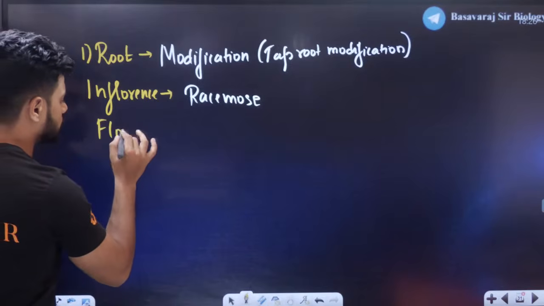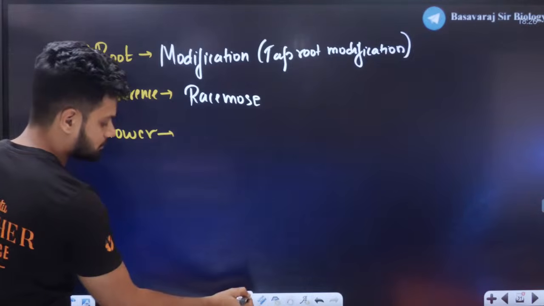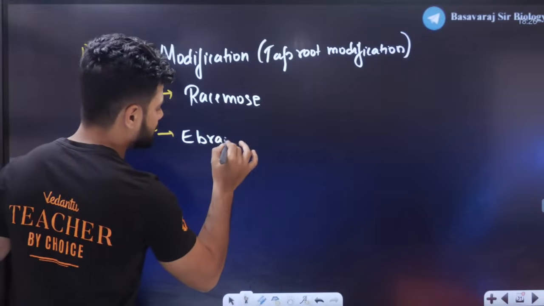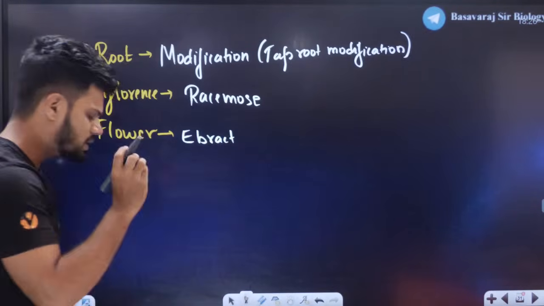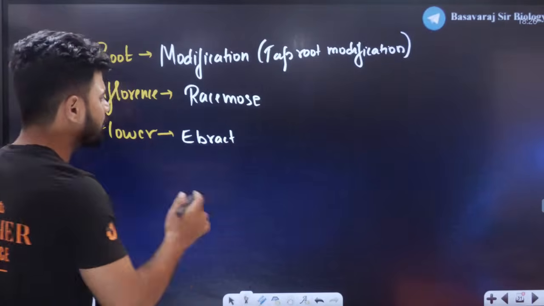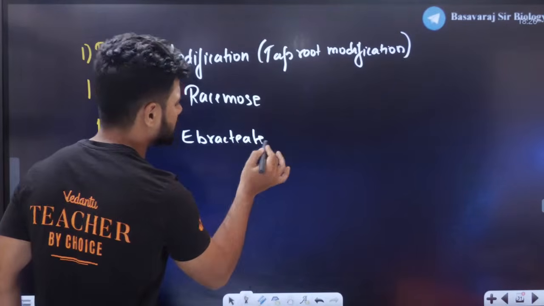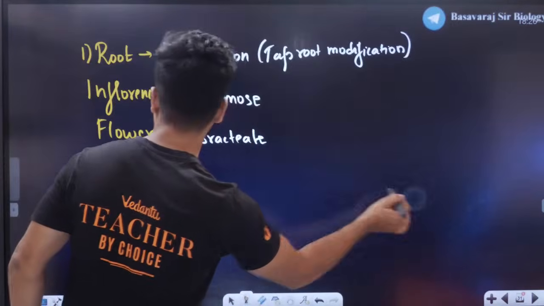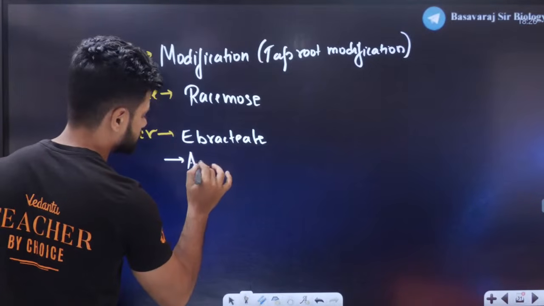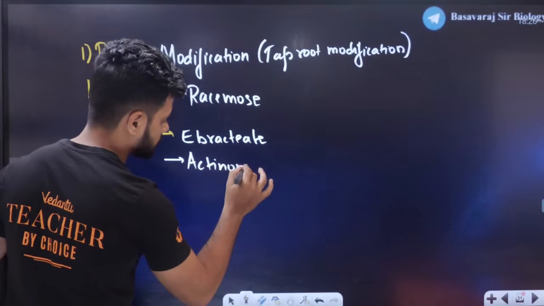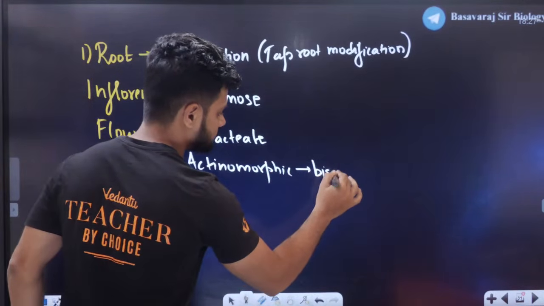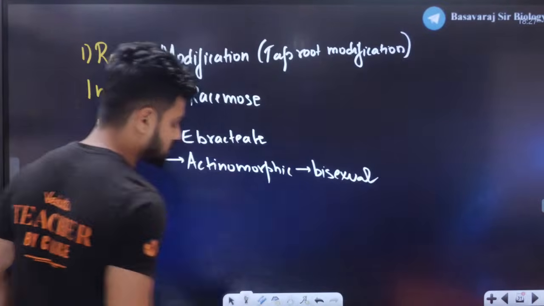One special thing I told you. Flower was ebracteate here. Yes or no? Remember? Ebracteate. See students, in examination, they will ask you these small anomalies or changes. The flower was also actinomorphic, bisexual.